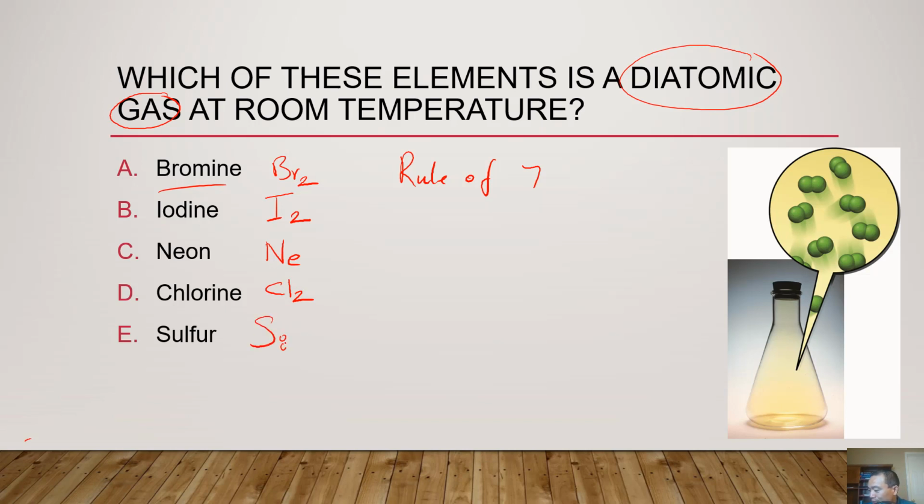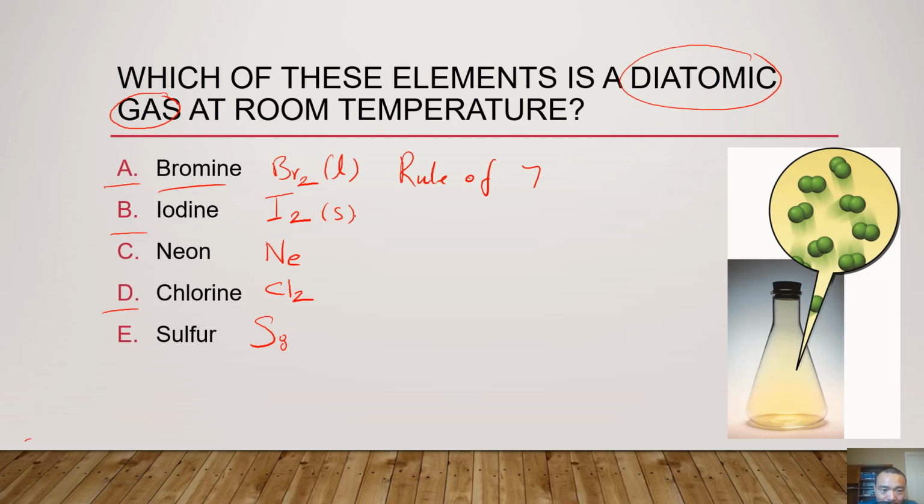Sulfur actually is S8. But out of the three, between A, B, and D, which one is correct? So you have to memorize this. Bromine is a very famous elemental liquid at room temperature. So this one is liquid. Okay. Iodine actually exists as a solid.